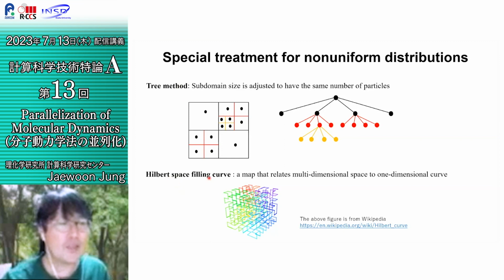For the Hilbert space filling curve, the three-dimensional map is mapped to a one-dimensional curve. And by cutting according to this one-dimensional curve, we can make subdomains such that each subdomain has the same number of particles.